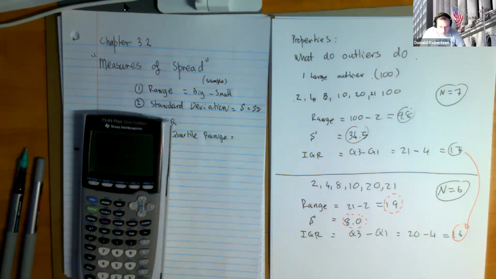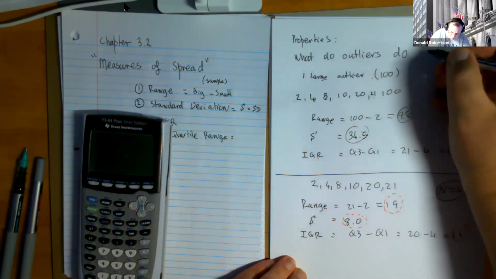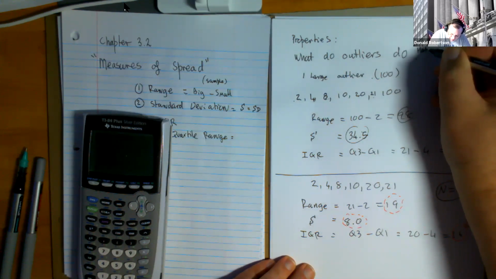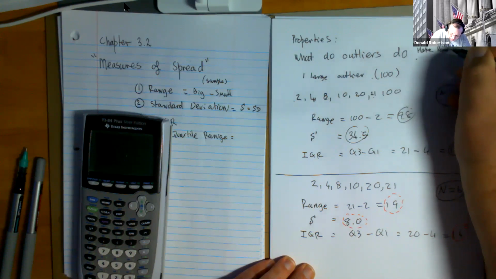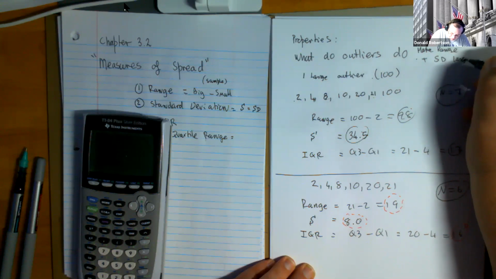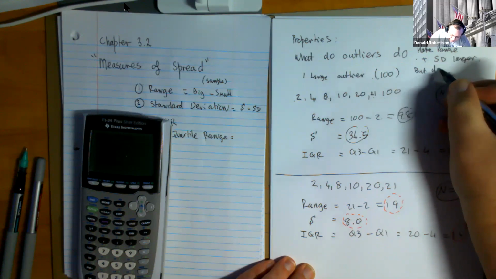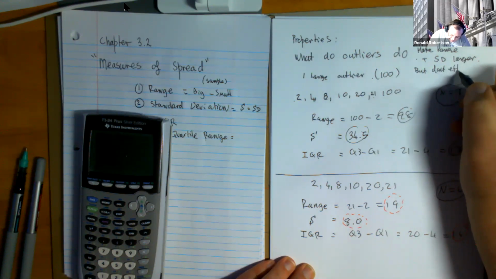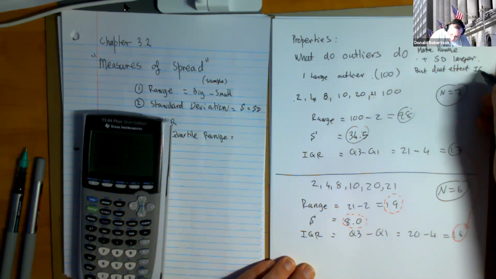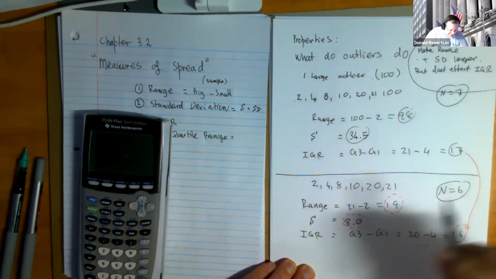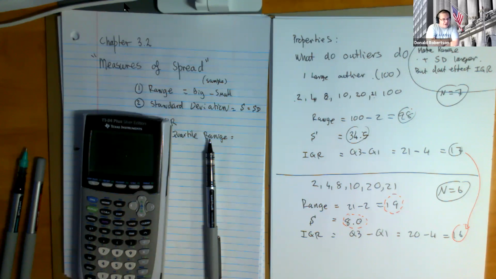So the answer to what do outliers do? They make the range and the standard deviation larger, noticeably so. But they don't affect the interquartile range. Isn't that the same property that mean and median have?